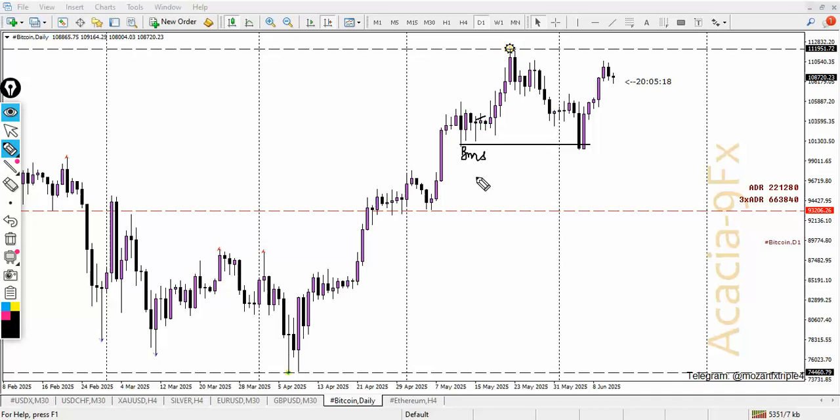Now, like I said, once you see break of market structure on lower time frame, go to higher time frame. And what time frame are we on? On the daily time frame. So we are going to monthly time frame to check whether this bearishness is in line with the monthly time frame. So I will mark it with our green line here.